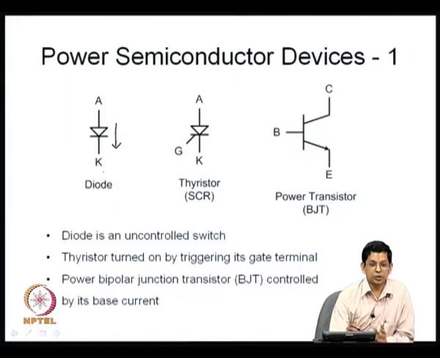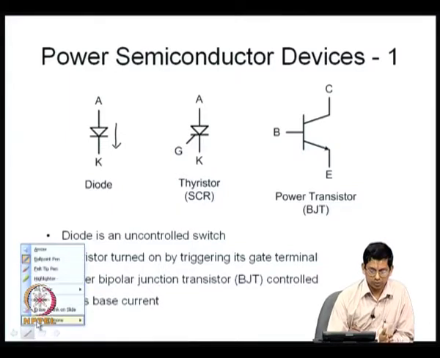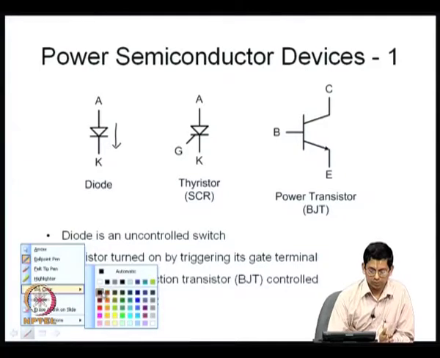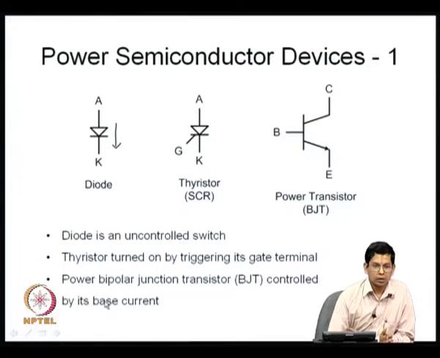Let us say the diode is reverse biased, what happens? The voltage across the switch is as indicated in red ink here. The cathode is positive with respect to the anode and it does not conduct.